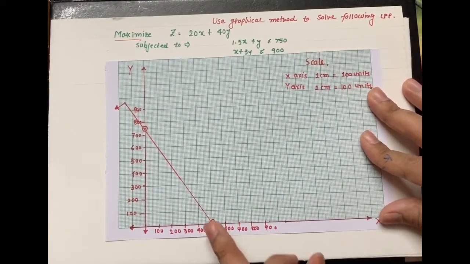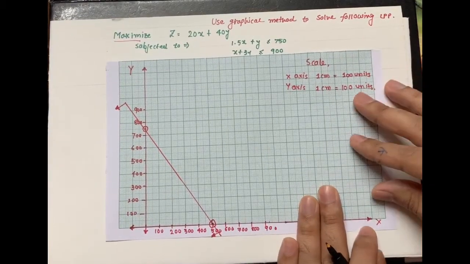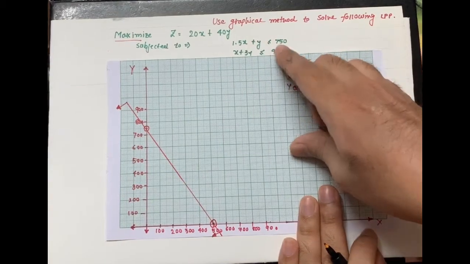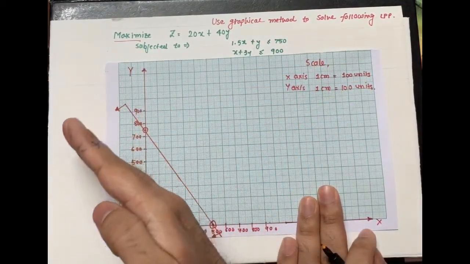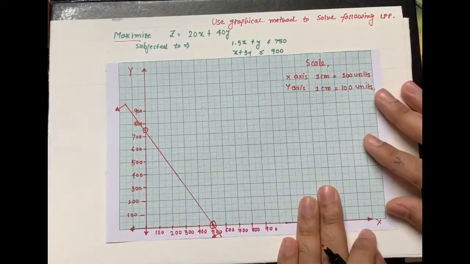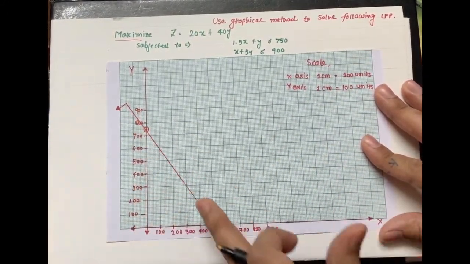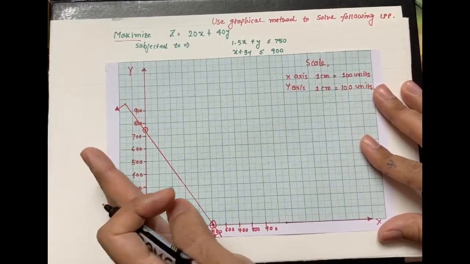It is very essential to show these arrows. As such, it states that this x and y combination should be less than or equals to 750. So this side below this particular part indicates that this line equation satisfies that condition, it is below 750.